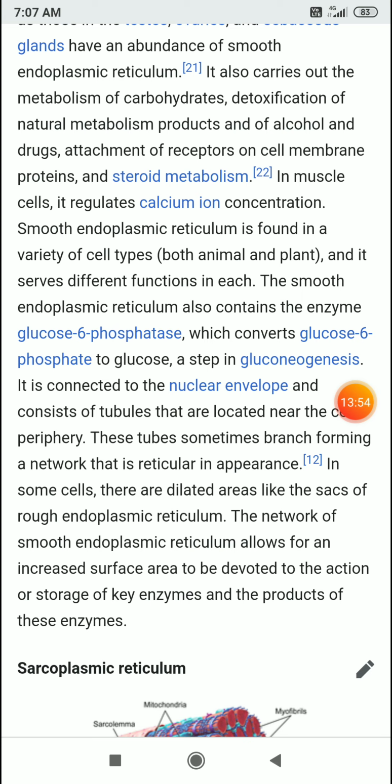The network of smooth endoplasmic reticulum allows for an increased surface area devoted to the action or storage of key enzymes and the products of these enzymes.